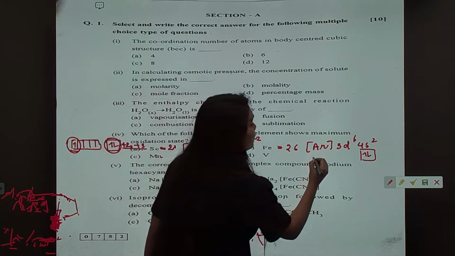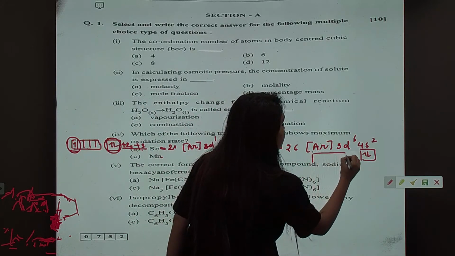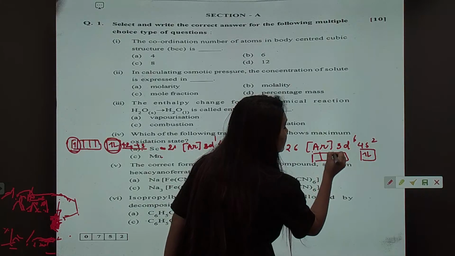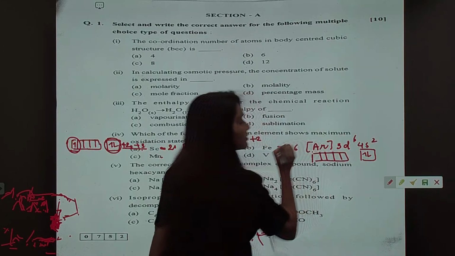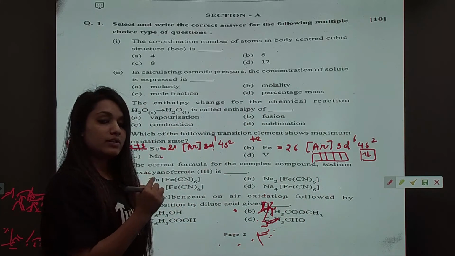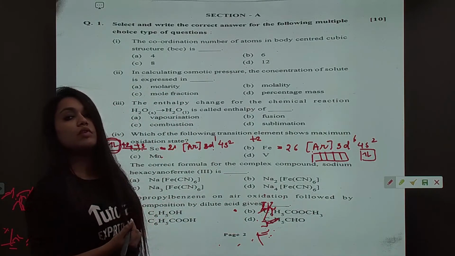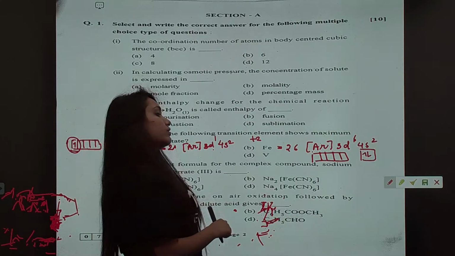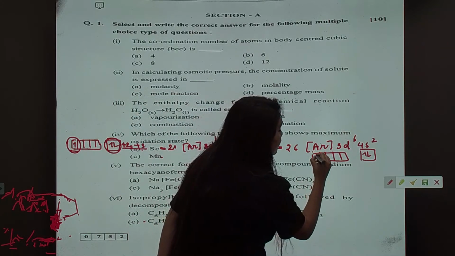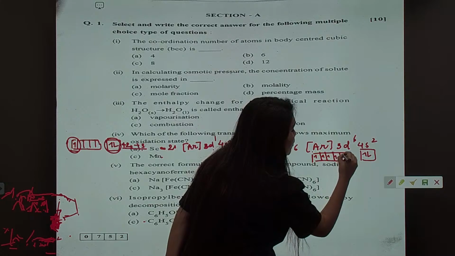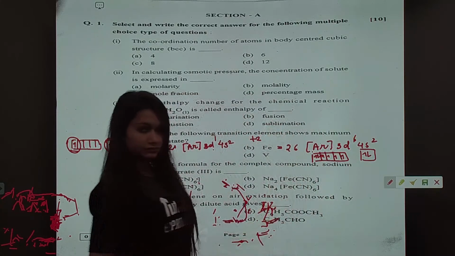And the unpaired electrons from the d orbital, since I have got 3d6, how do we fill the orbitals? First we fill 1 electron in each, and then the pairing will start. That's what the rule of electronic configuration tells us. So it's 3d6: 1, 2, 3, 4, 5 and 6.